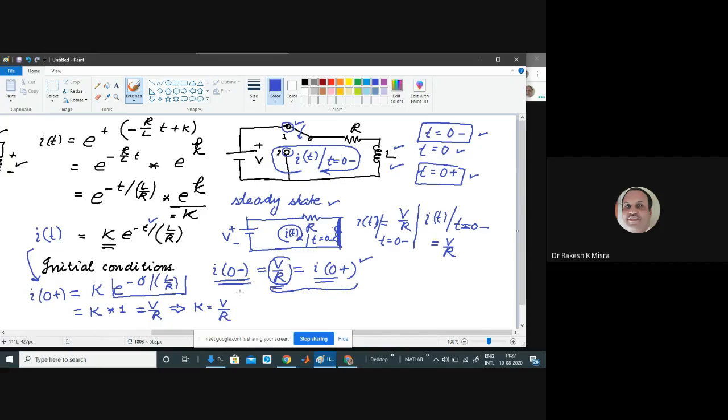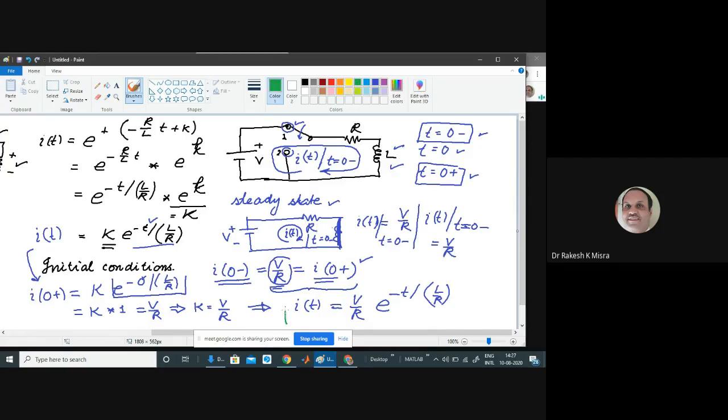If this is the value of k, then we can say that the expression for current i(t) is equal to V by R into e to the power minus t divided by L by R. This way we can get the initial conditions, and using the initial conditions we can get the final expression.